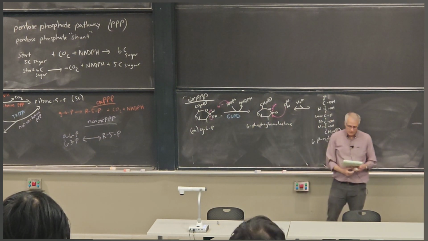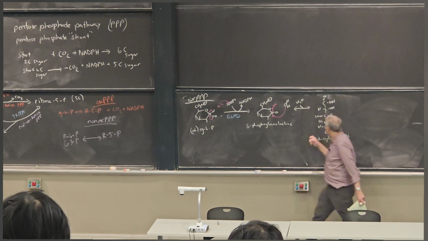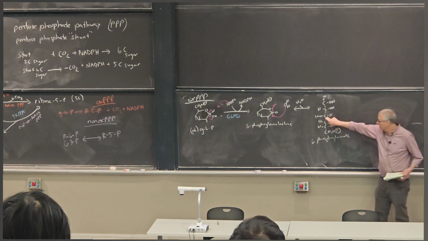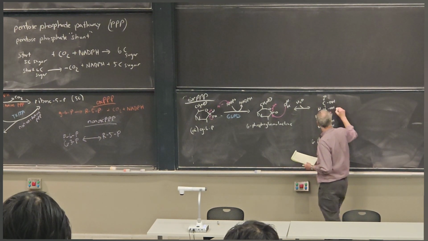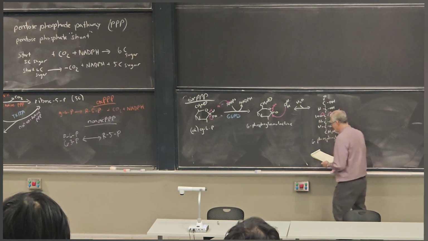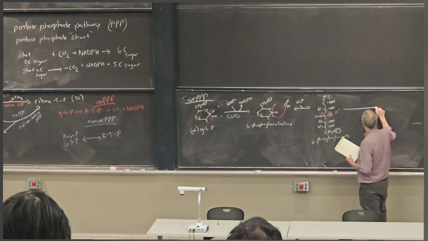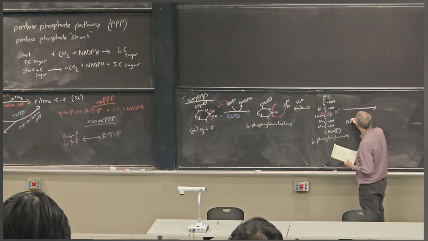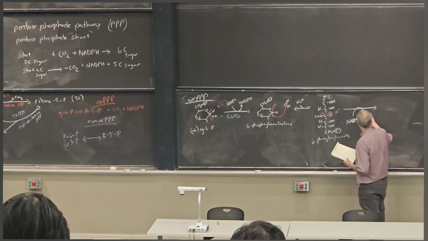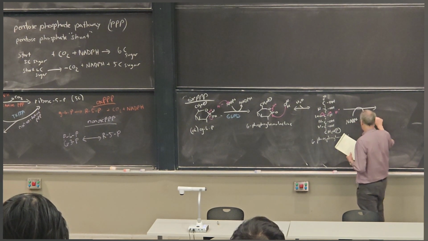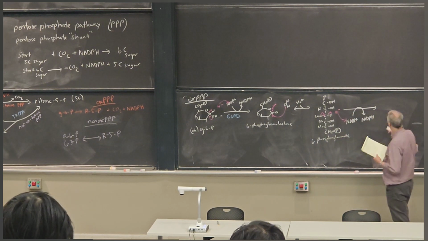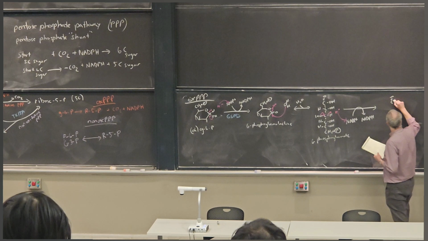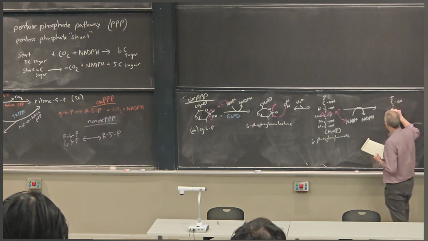Next I'm going to oxidize this 3-carbon. Again, a hydride ion comes along and can go to another NADP plus, making NADPH. What I'm left with is this intermediate.